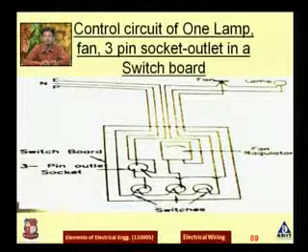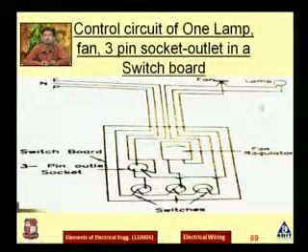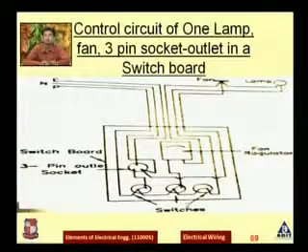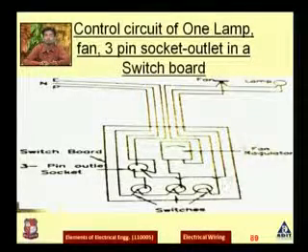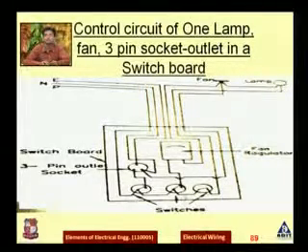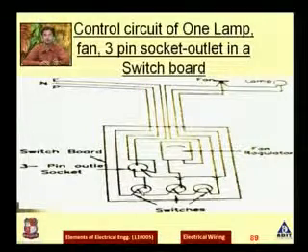You can see there are 3 switches. First switch is used to switch on the lamp. Second switch is used to control the fan, right? In between, a fan regulator is connected in series with the switch, and this one is my third switch, which is connected to the 3-pin socket outlet.